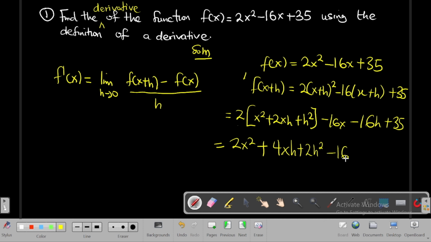Then we have the other terms, minus 16x minus 16h plus 35, right? So now this becomes our expression for f of x plus h.